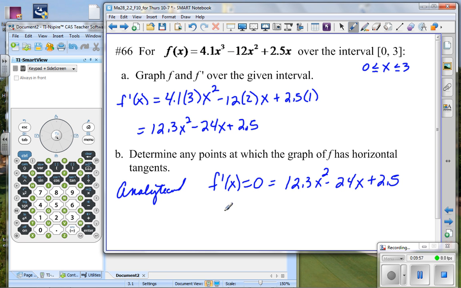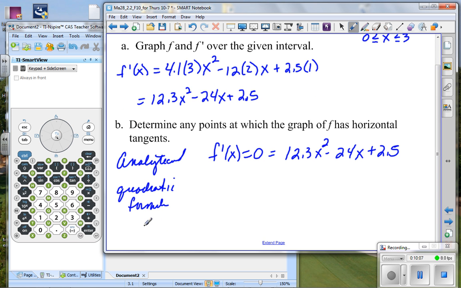If you could factor it, you could do that. You could use the quadratic formula. And if you recall, the quadratic formula is x equals the opposite of b plus or minus the square root of b squared minus 4ac, all of it divided by 2a.